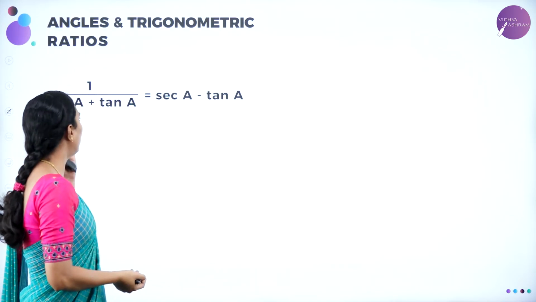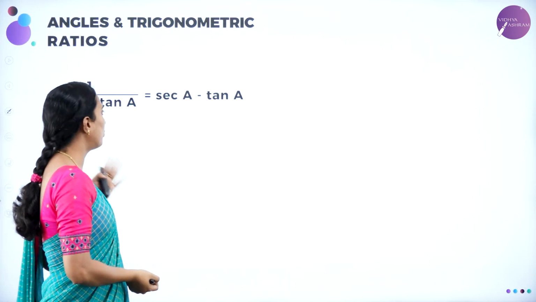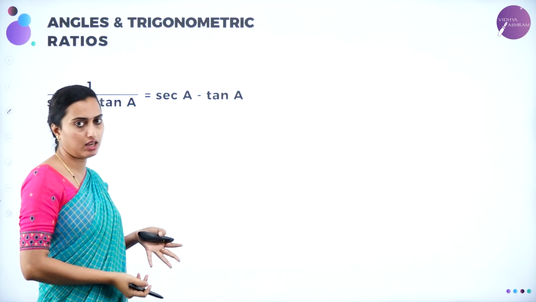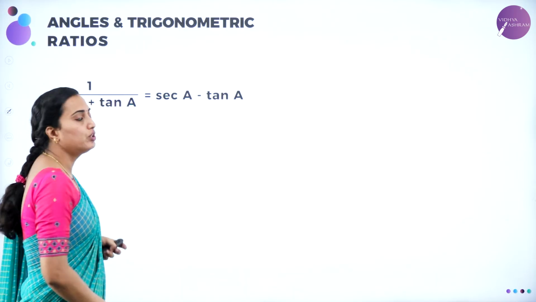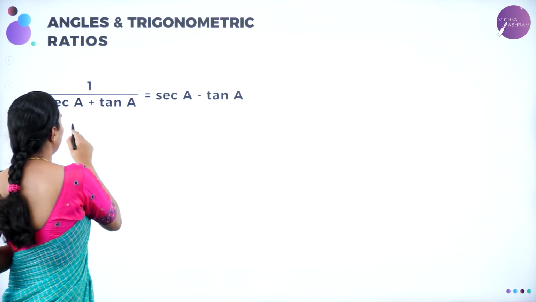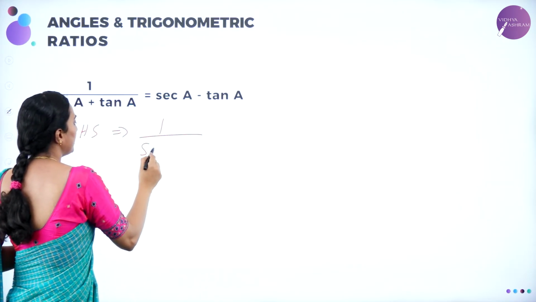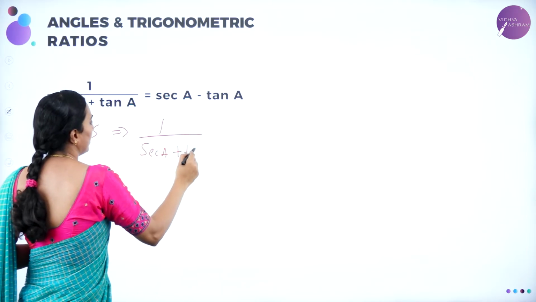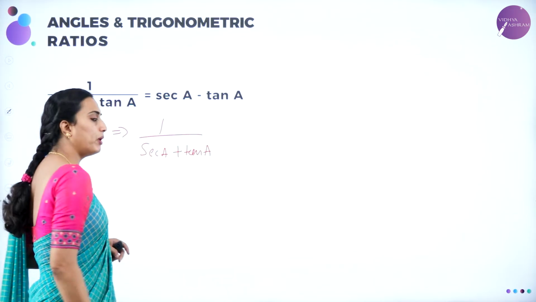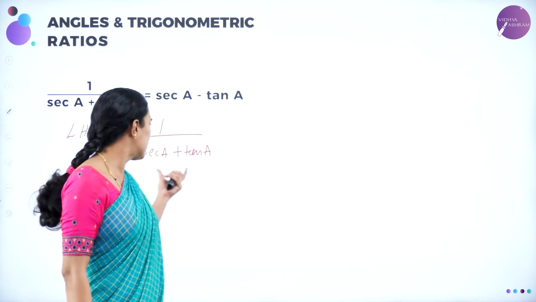You have to prove that 1 by secant A plus tan A is equal to secant A minus tan A. Therefore, here I am going to consider the left hand side, which implies 1 divided by secant A plus tan A. Now multiply by its conjugate.